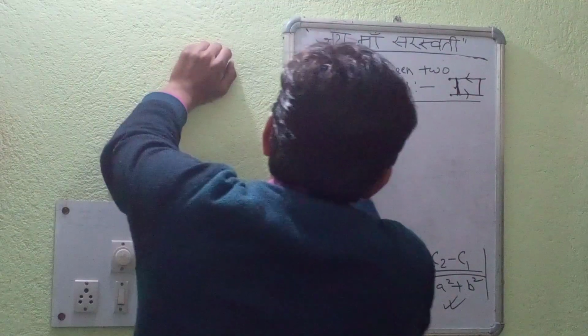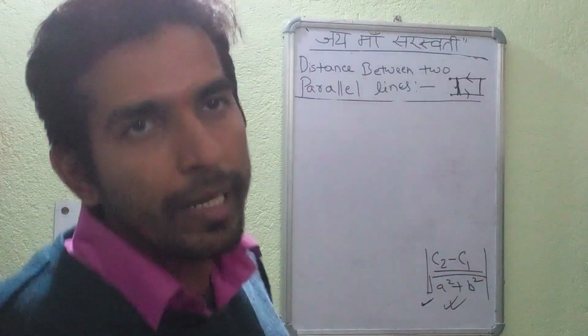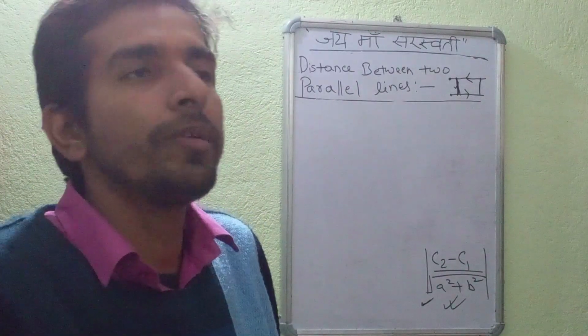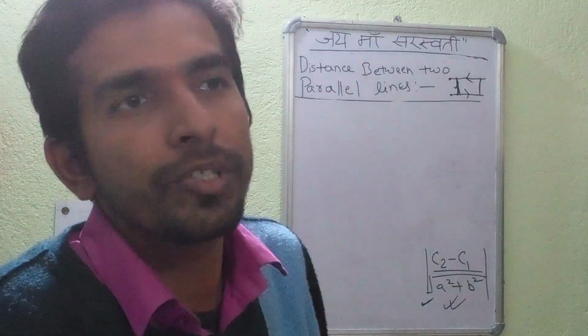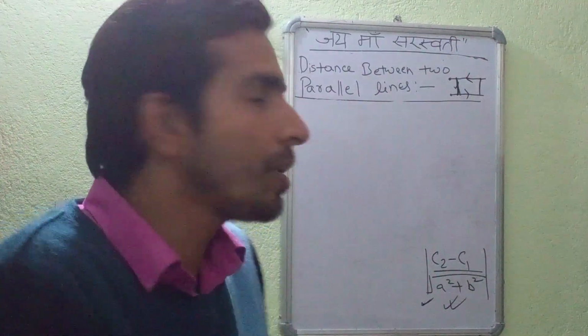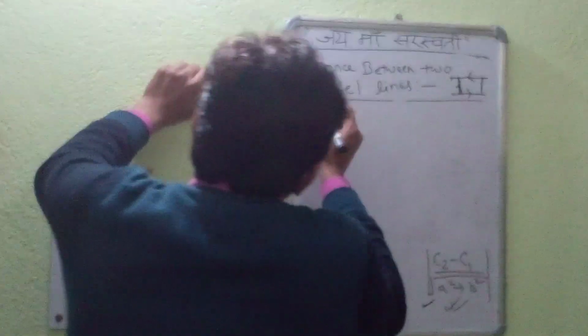First and foremost, we have to take two parallel lines. There are two to three types of questions which may come in the examination regarding this. We will see some types of the question.